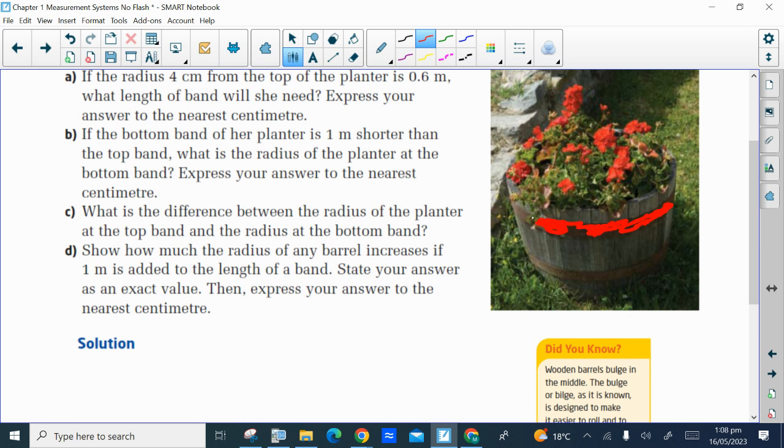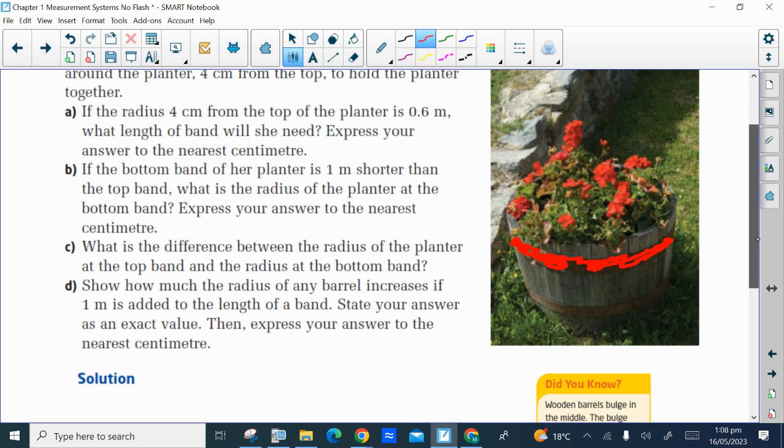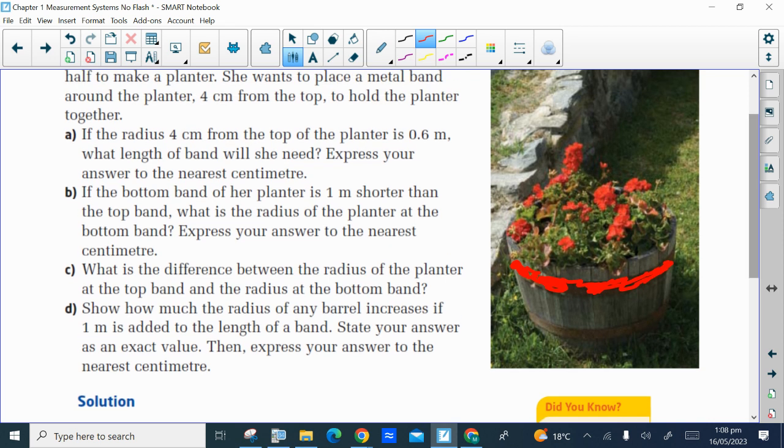She cut the planter in half, but she needs this metal band to keep it all together around the top. So she places that, it says 4 centimeters from the top. So that's the distance there. 4 centimeters from the top.